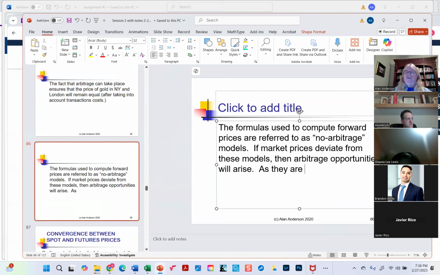As they are exploited, the forward price models will be reestablished.